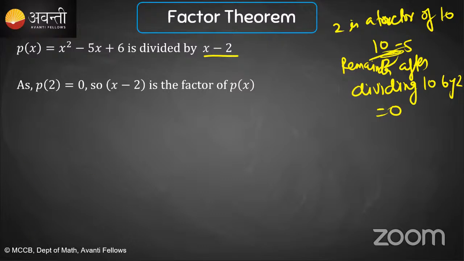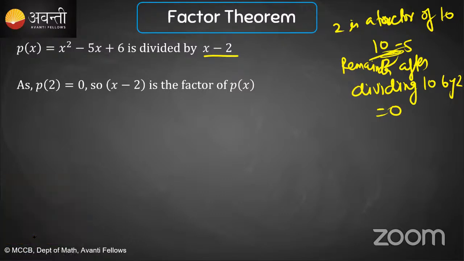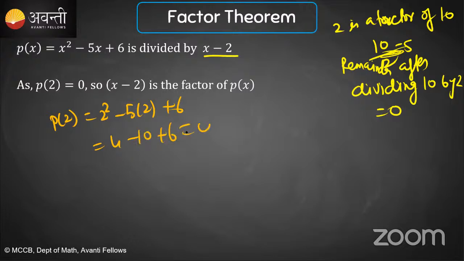So look, using the remainder theorem we can directly verify what the remainder is. Now to check whether the remainder after dividing by x minus 2 is 0 or not, check p of 2. What is p of 2? 2 square minus 5 into 2 plus 6, which is 4 minus 10 plus 6 is equal to 0.